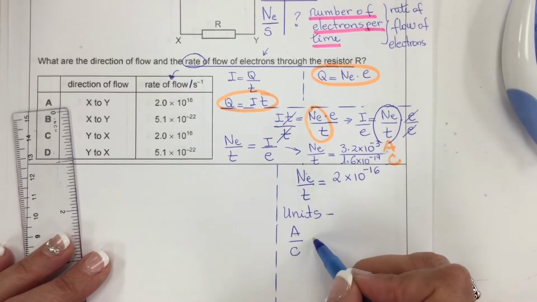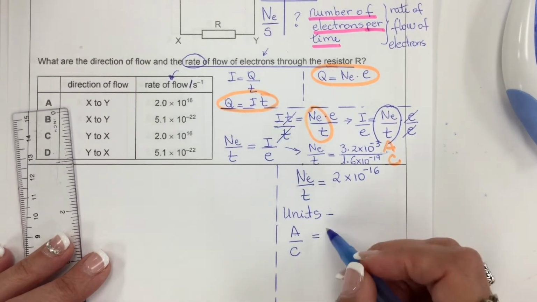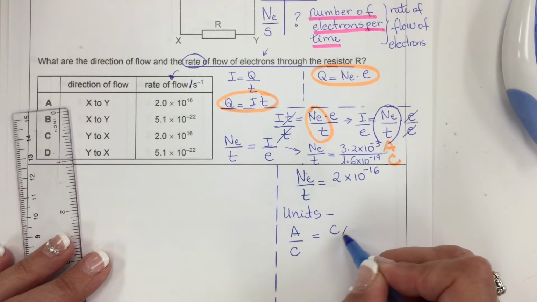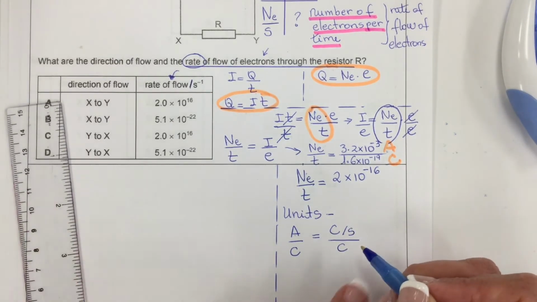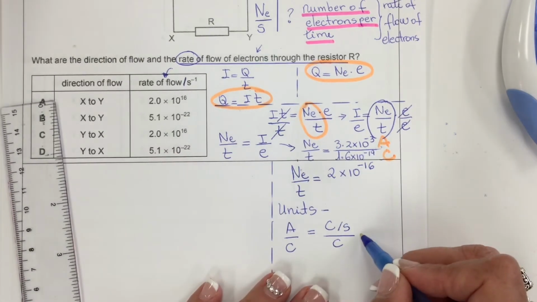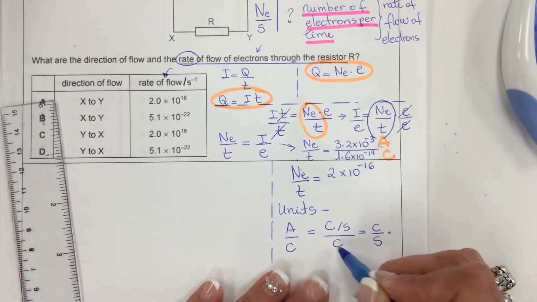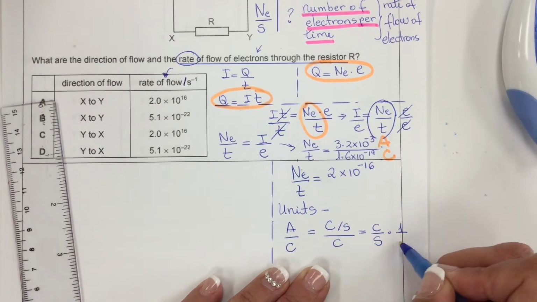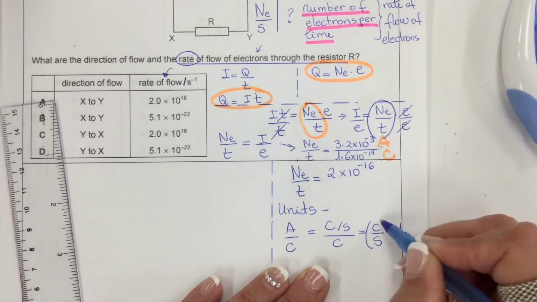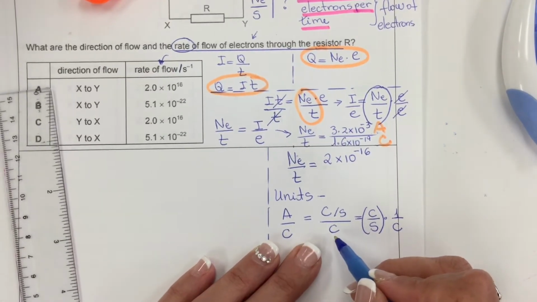The unit for amps is coulomb per second, over coulomb. So coulomb per second is the numerator, and coulomb is in the denominator.